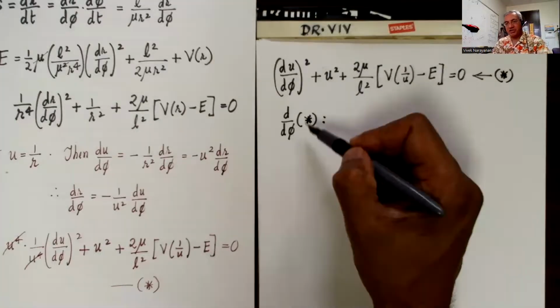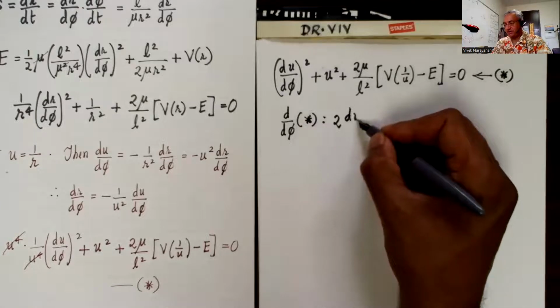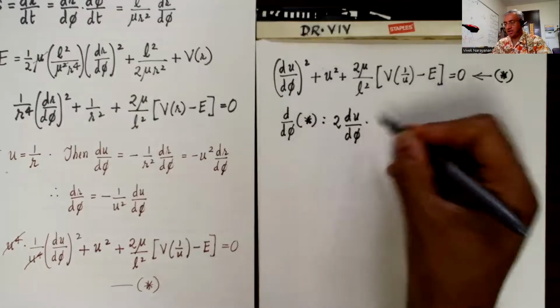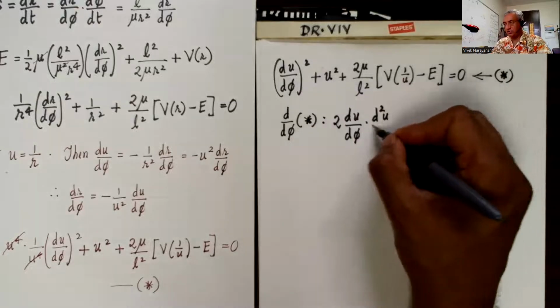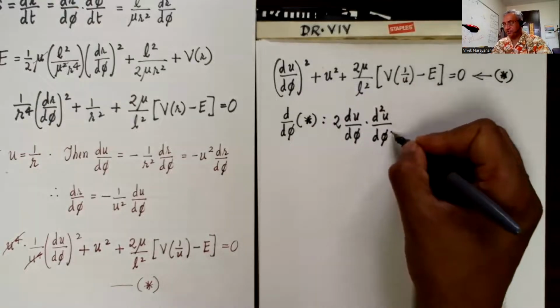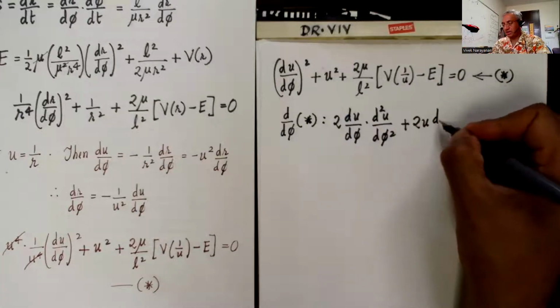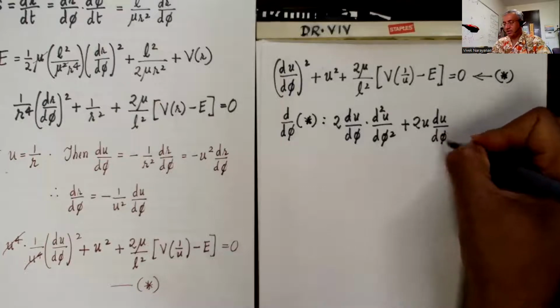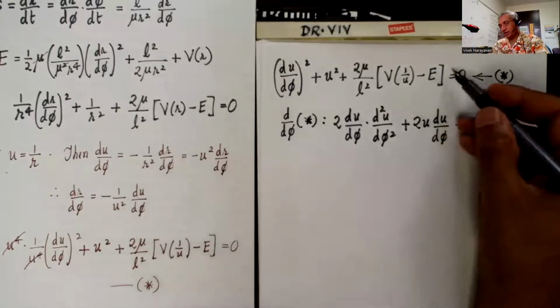If I take d by d phi of that, I'm going to get 2 du by d phi times d by d phi of du by d phi, which is d2u over d phi squared. Now for u squared, I'm going to get 2u du by d phi. And the E term, because energy is constant, will not contribute.